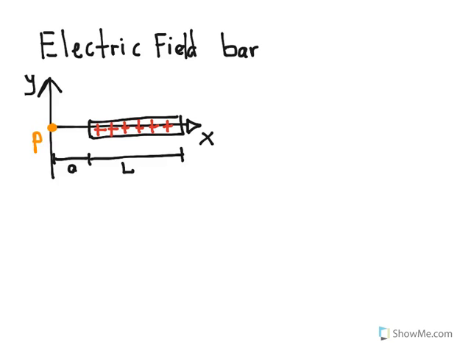If I want to calculate, for instance, the electric field produced by a bar which is positively charged, we're going to do it for positively charged, but it's the same for negatively charged, only the sense of the resulting electric field will be different.